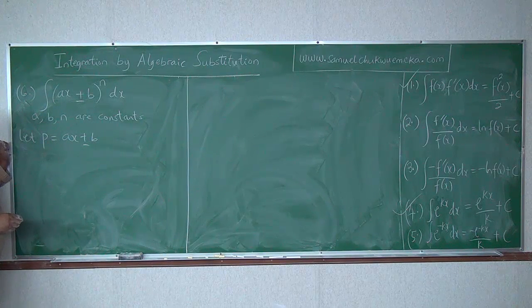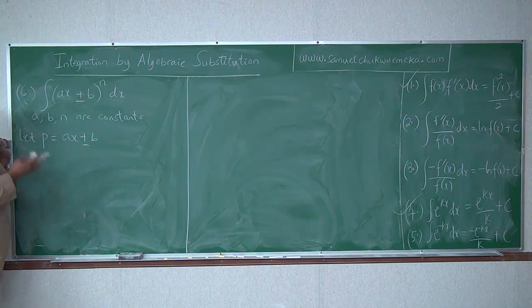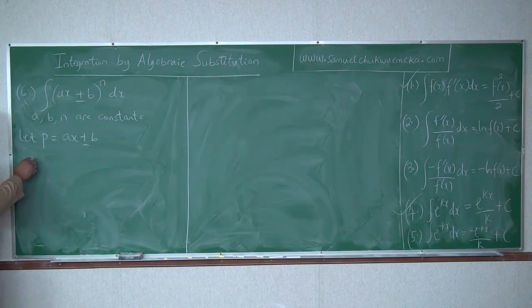It could work with plus, it could work with minus. No problem. And if you want to do it, first one do plus, second one do minus, that's fine. It doesn't matter.